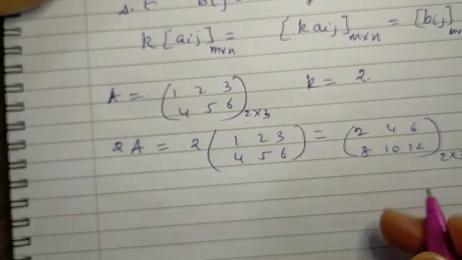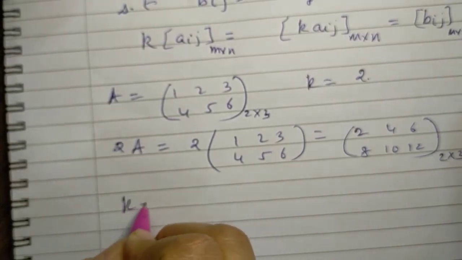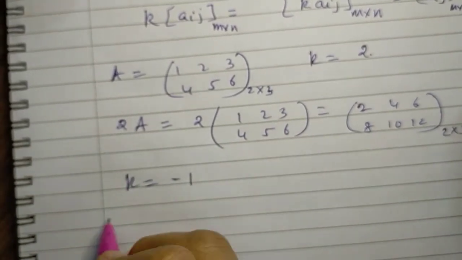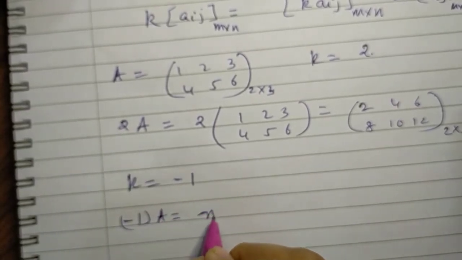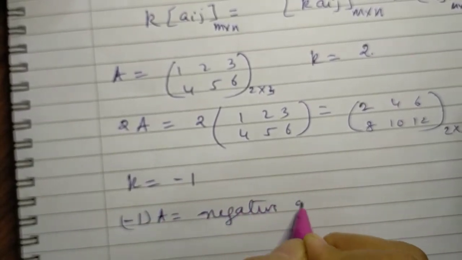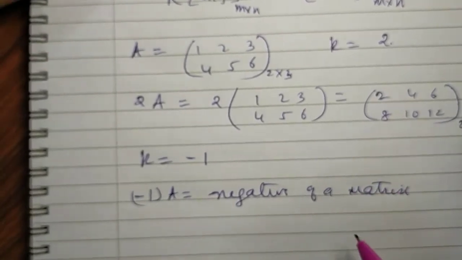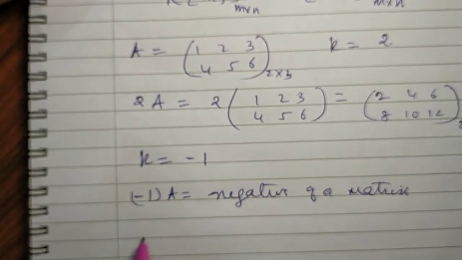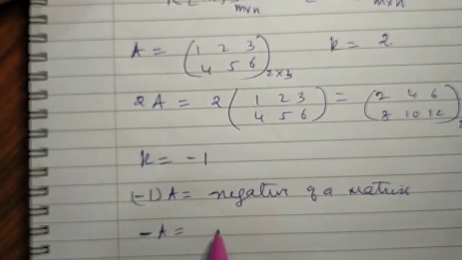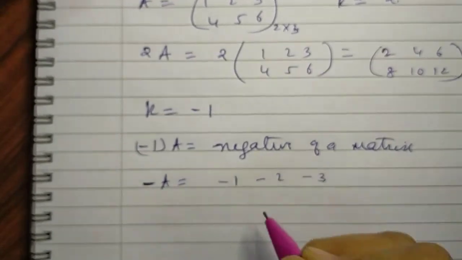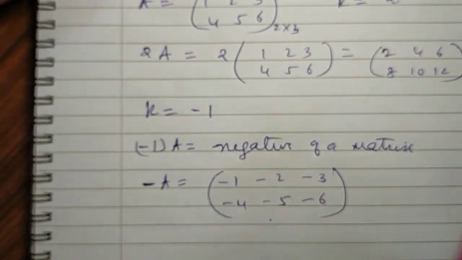Now in the same way, if the scalar is -1, we get -1 times A, which is the negative of a matrix, obtained by multiplying every element by minus 1. So you get -1, -2, -3, -4, -5 and -6.